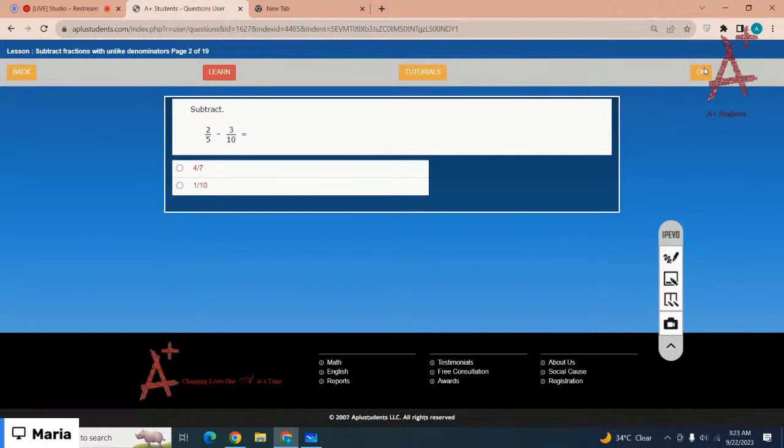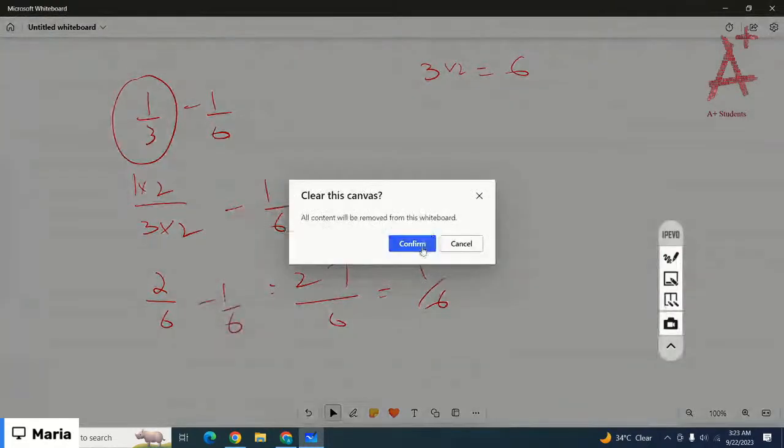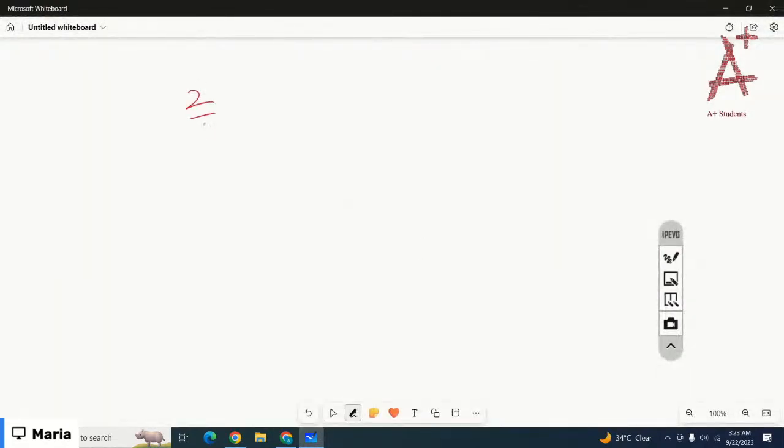You have to do 2 by 5 minus 3 over 10. One of the denominators is 5 and the other one is 10. So 5 times 2 makes 10, right? That means you have to multiply this fraction by 2 to make their denominators exactly equal.